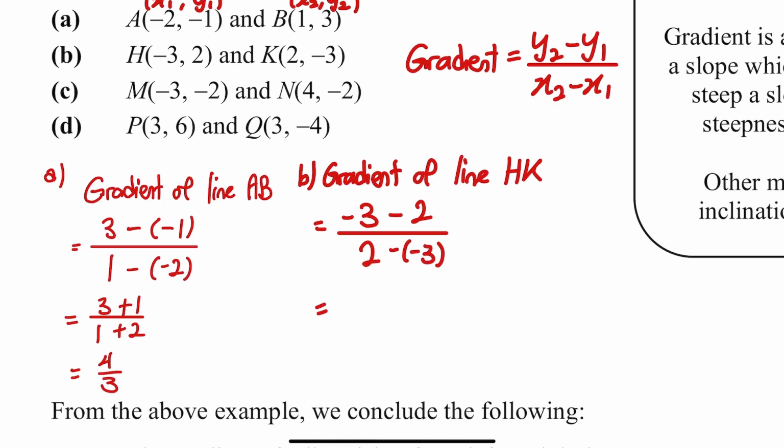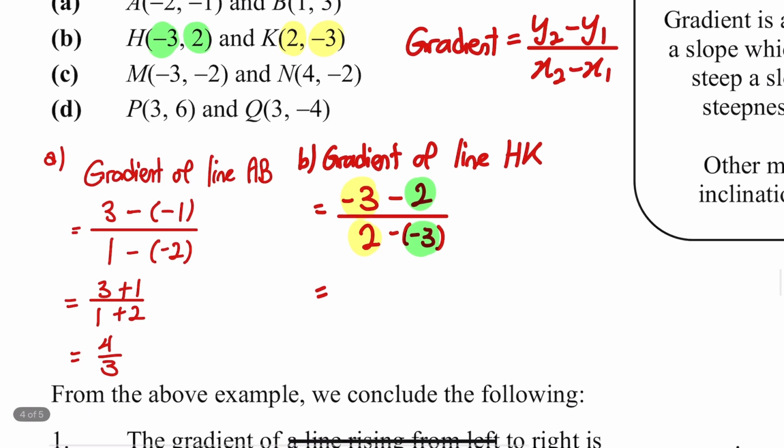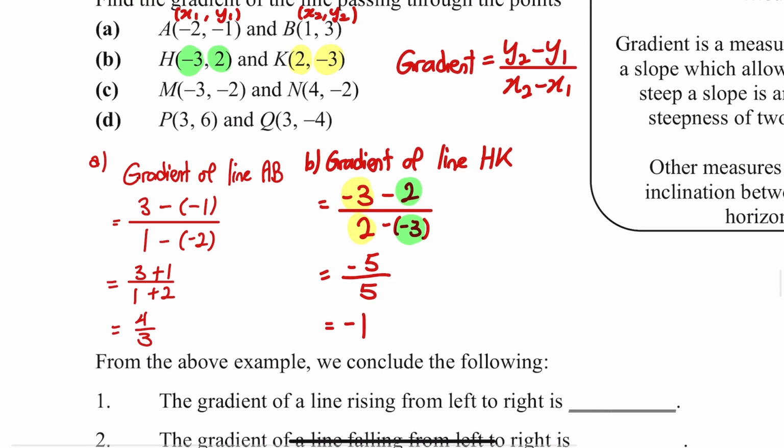To make it clear, y2 here minus away y1, which is 2, then x2 here minus away x1. So let's evaluate this. This is simply negative 5 over 5. Therefore, the answer is negative 1. This is for part B.